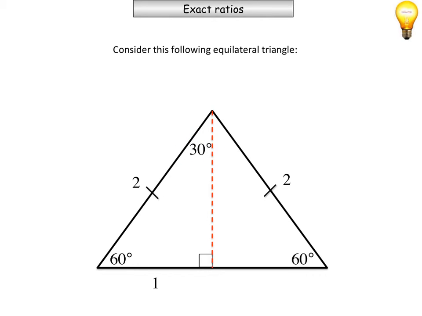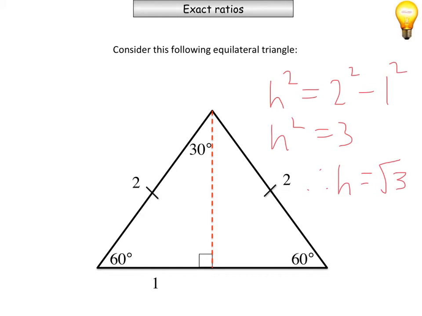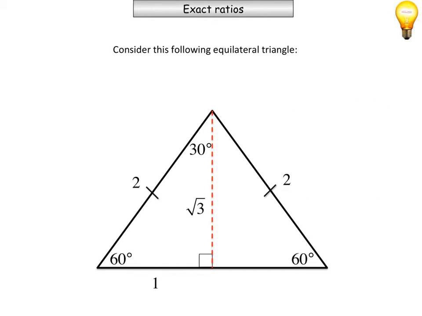Now using Pythagoras' theorem to work out the height of this triangle, let's call it h, so h squared is equal to the hypotenuse squared minus the other side length squared. So h squared is equal to 3, so h is going to be equal to, in exact or surd form, the square root of 3. So there's the height of that triangle.